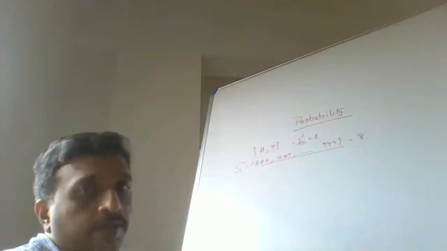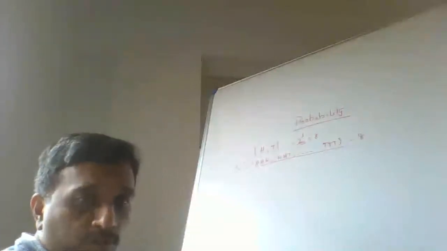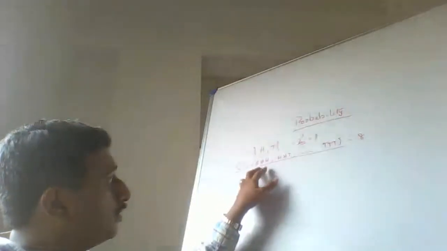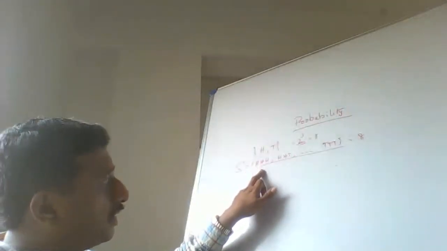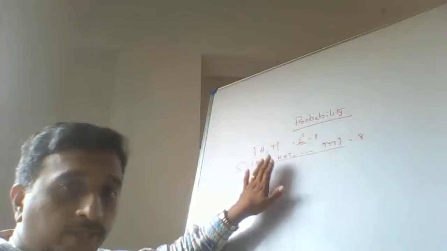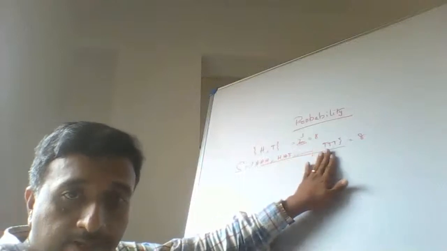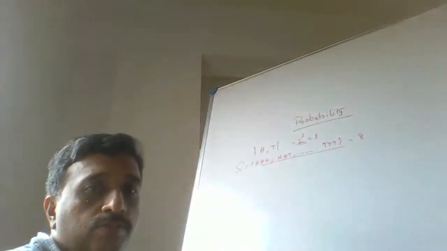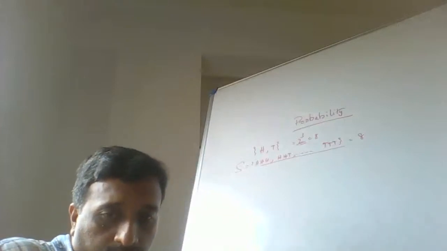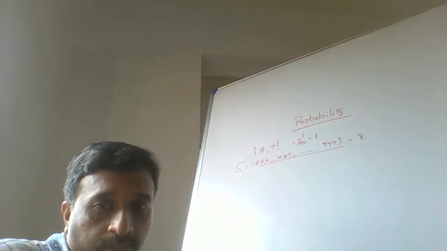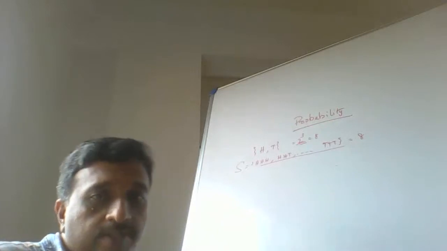And the maximum possibilities of getting, yeah, this is one coin, this is another, and this is another coin. So getting that one, again another, and another, and so on. So it is 2 cube, which is 8. So I hope you understood this. Then let me move on to the next problem.